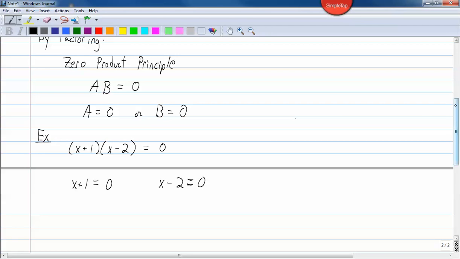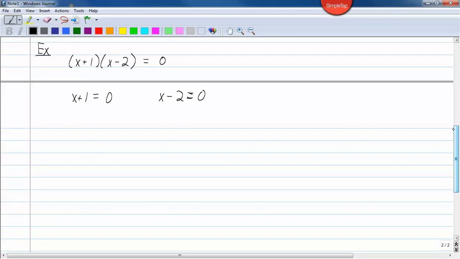Alright, once I've set up those two linear equations, now I can solve the equation by just solving the linear equation like we have before. Subtract 1 from both sides on this one, and so I'll get x equals -1. Add 2 to both sides on this one, and I get x equals 2.